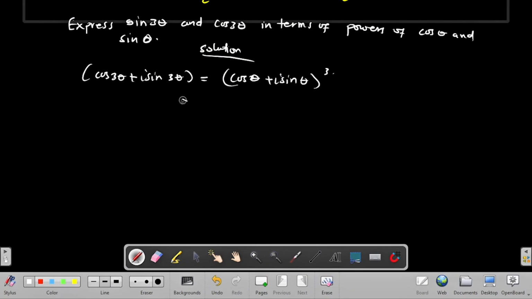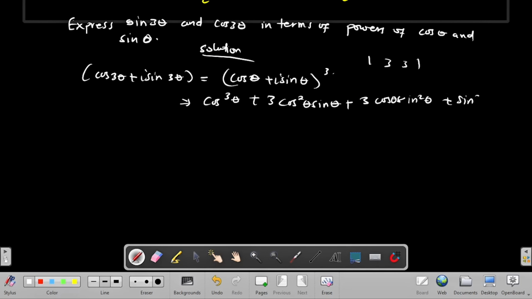So at this point, we expand this using the binomial expansion. Since it is to the power 3, the expansion coefficients are 1, 3, 3, 1. So the first one gives us cosine cube theta, plus 3 multiplying cosine squared theta sine theta, plus another 3 multiplying cosine theta sine squared theta, then finally sine cube theta.